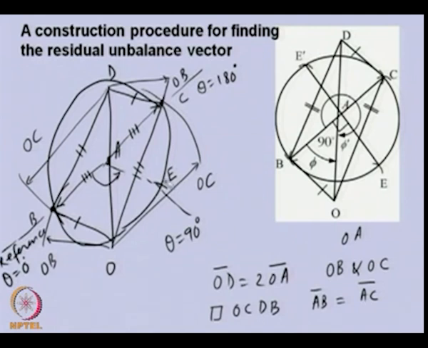And if the arc is cutting some other place, then the angle direction will change. Let us say our arc is cutting here, like E prime.